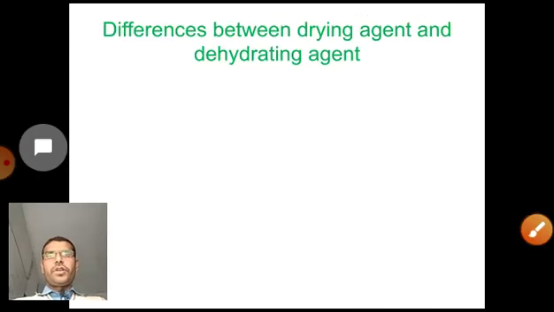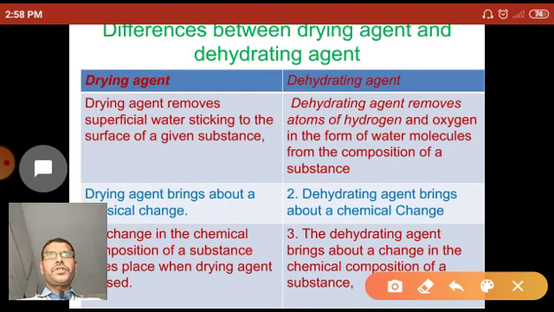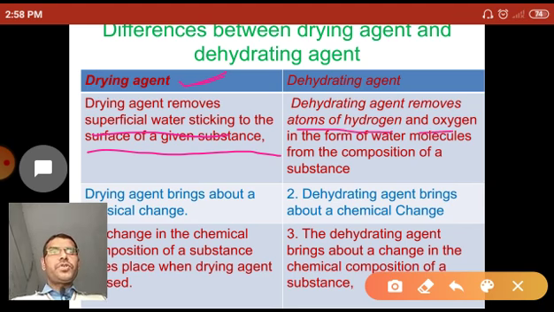Now next topic, the differences between drying agent and dehydrating agent. First the drying agent. The drying agent removes only the superficial water sticking to the surface of a given substance. But dehydrating agents remove the atoms of hydrogen and oxygen in the form of water molecules from the composition of the substance.